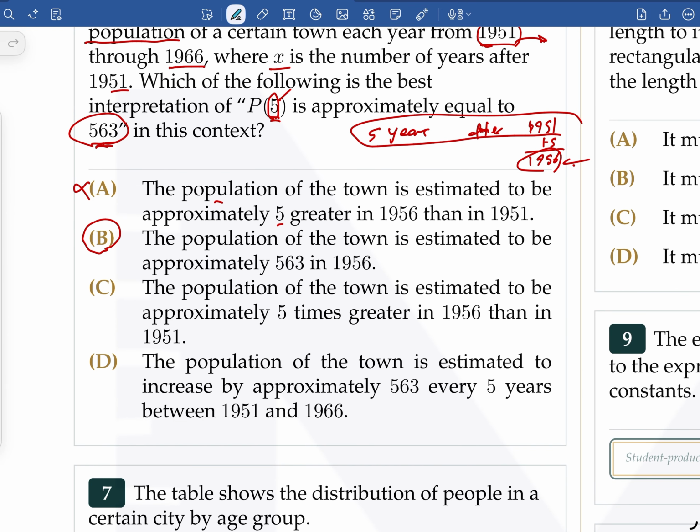So option B is the correct one. Why not C? Because it says the population is estimated to be approximately 5 times. Of course, it's not correct. The population is 563. Letter D is also incorrect because it says increase by 563. No, it's not an increase. It's the actual amount, the actual number of people, 563, not increasing. So the answer is B for this question.